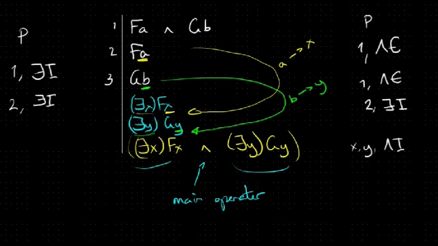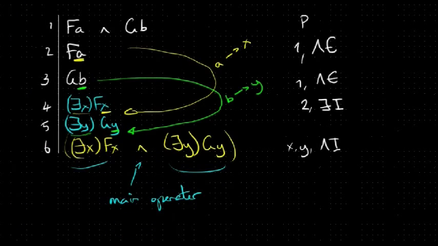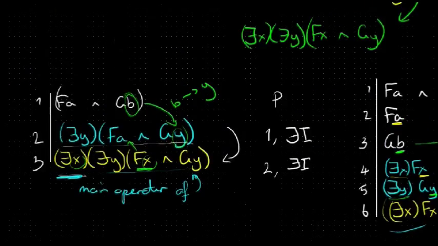So in order to get to this configuration, it's going to take 6 steps, because we first need to split up the formula at the top, the FA and GB, because otherwise whenever we do an existential introduction, it's going to end up having scope over that whole formula, just like we saw here.